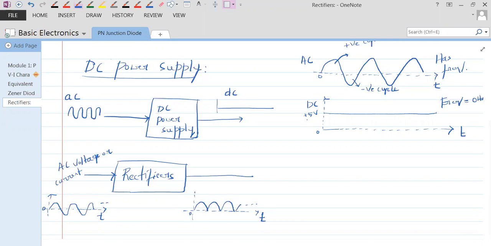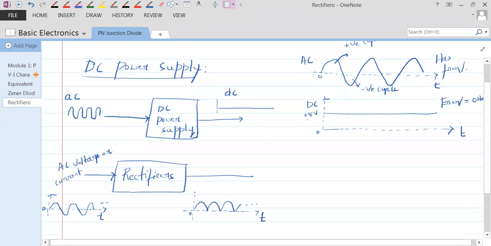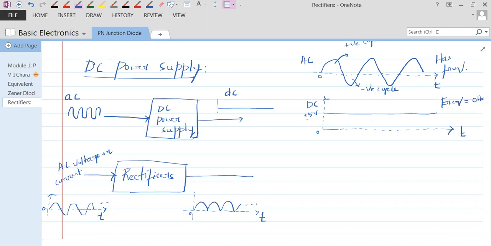Let me ask you this. What is the difference between electrical and electronics? The devices used in the electrical department and the devices used in the electronics department. What is the general difference that you can make out between them? Any idea?